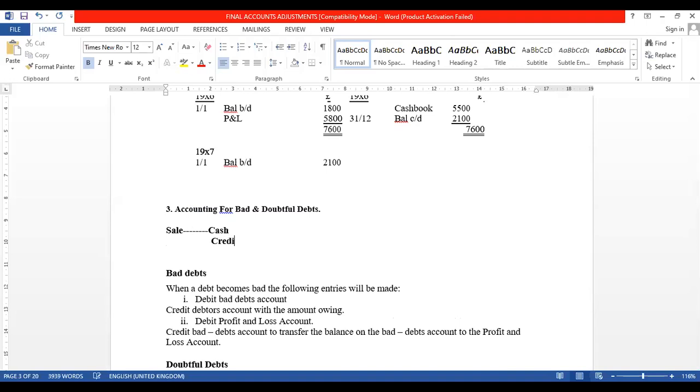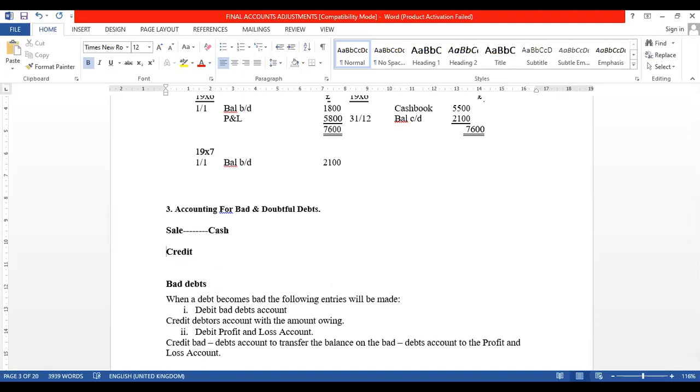Let me try and demonstrate this. When you sell in cash, you get your money. You're paid in cash, and that is done. But when you sell on credit, it means that you've given out your goods and probably the payments will come in later, right?